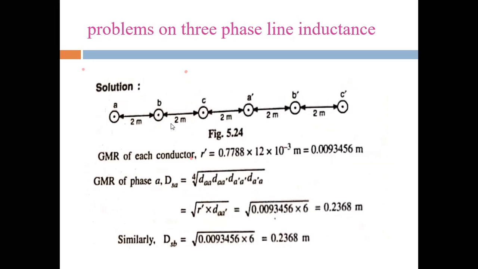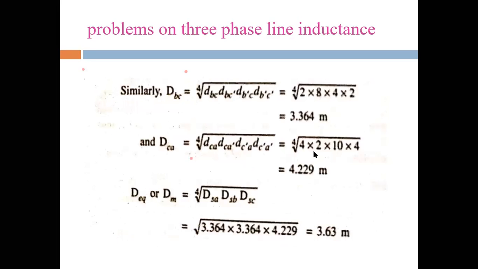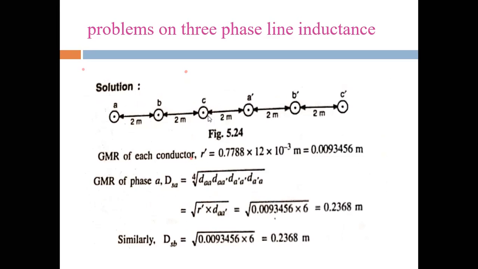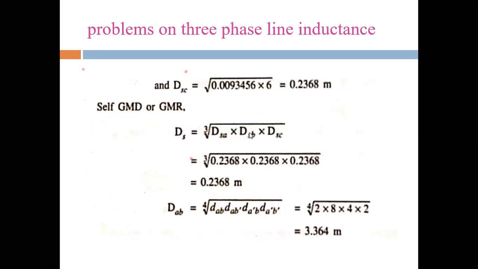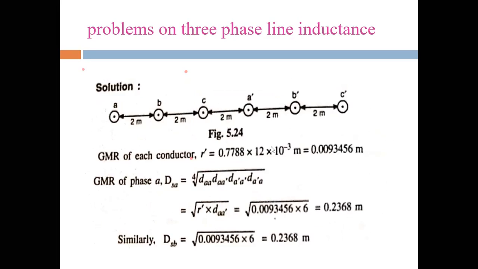That is 2 plus 2, equal to 4, into CA dash. What is the distance between C to A dash? That is 2 meters, into C dash to A. Next, C dash to A. What is the distance between C dash to A?